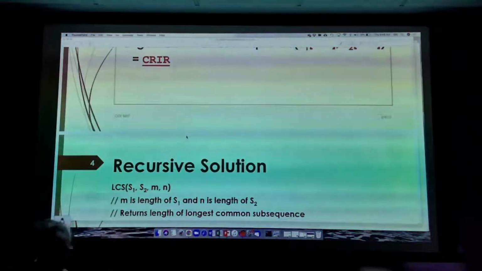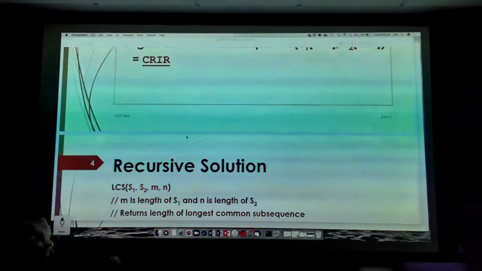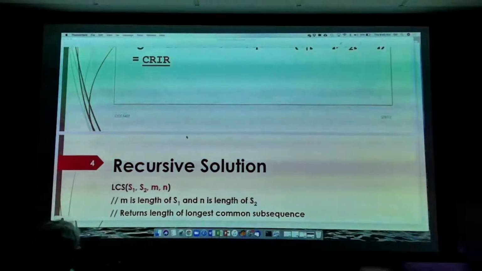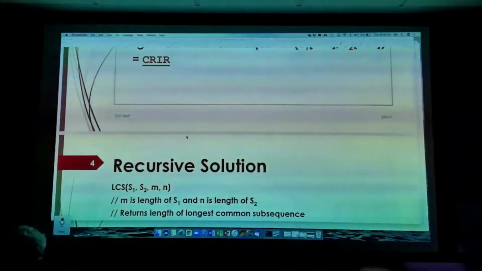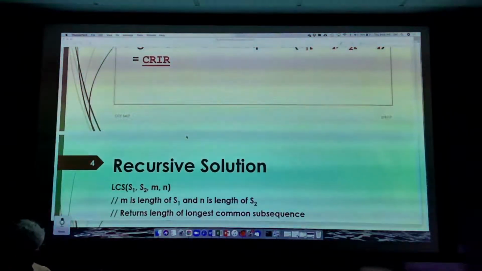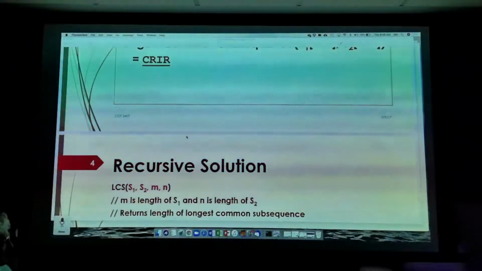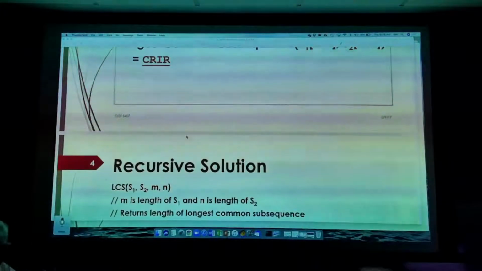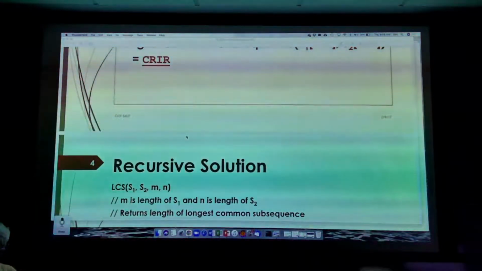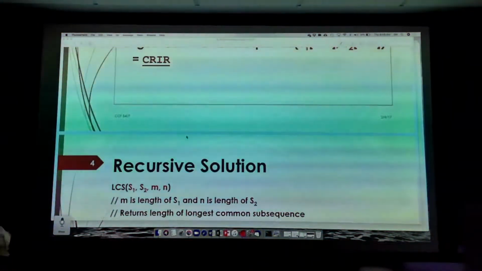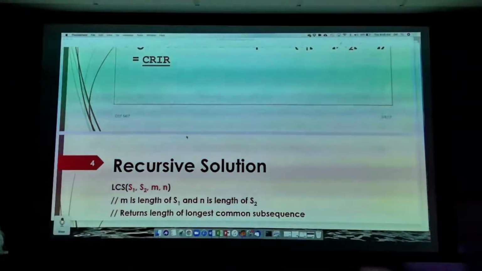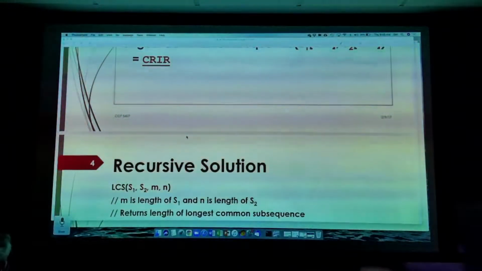Same thing with S2, it's an array of characters, and because it's of length n, the first n positions of the array are the characters of that string. Given these two arrays, our job is to figure out which are the common characters that we want as part of our longest common subsequence.